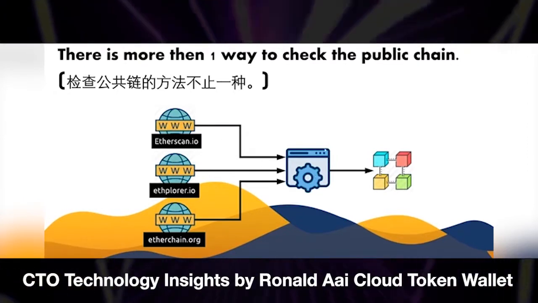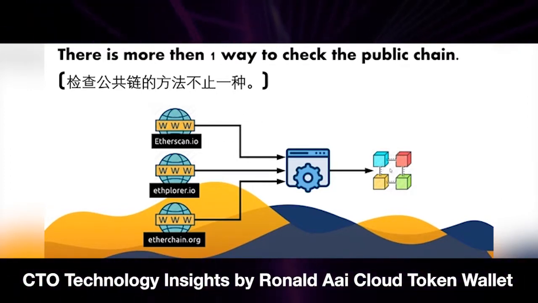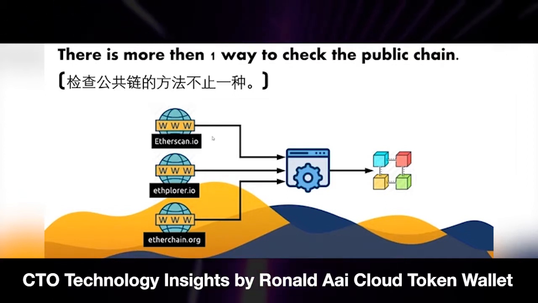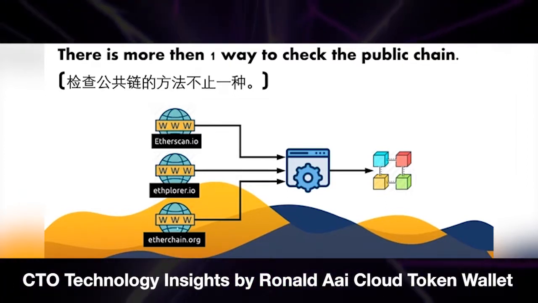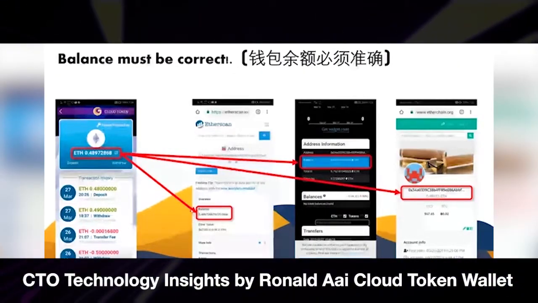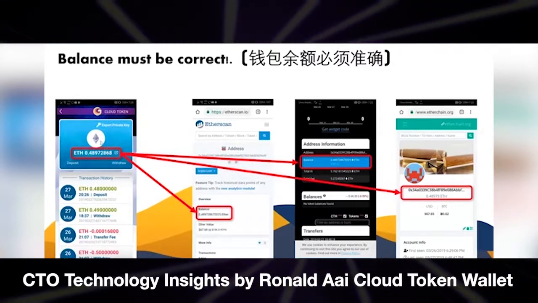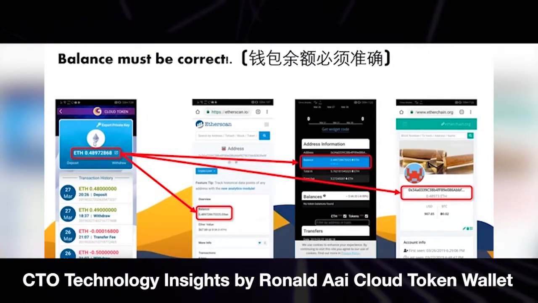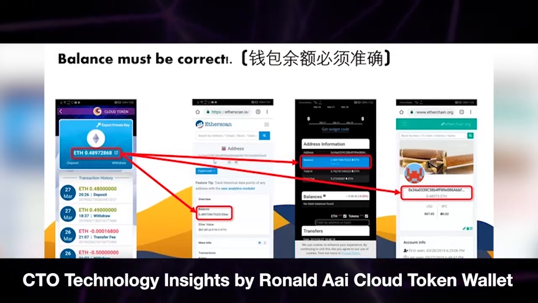Etherscan will actually read from the public blockchain and display the actual data. Same with ETH Explorer and Etherchain. So now we have a cloud token wallet here. It shows the balance, and you check with Etherscan.